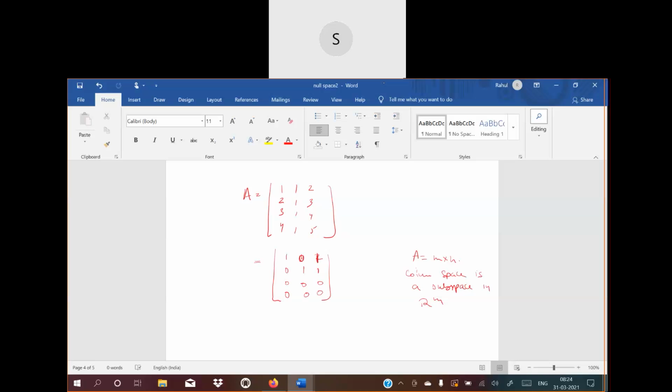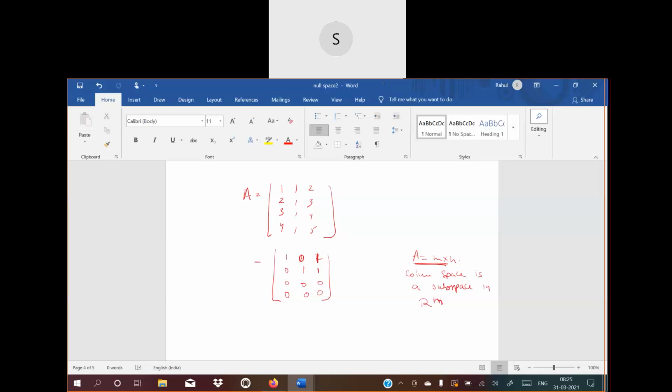Okay, so if I have a matrix A which is m cross n, then the column space is a subspace of R^m, and we are interested in the dimension of the column space.